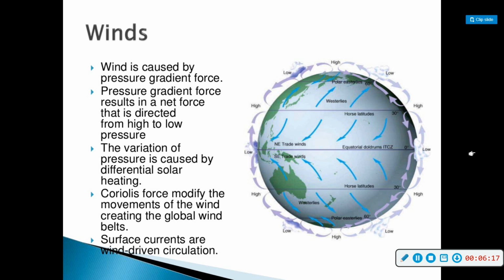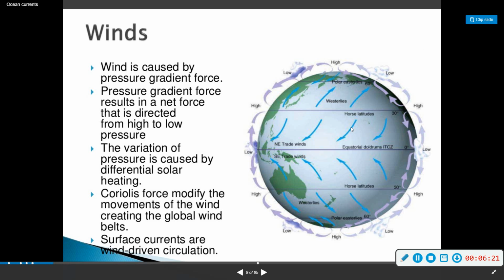Surface currents are wind-driven circulation. So these are your wind belts right here, and they show which direction the wind's going to move in. Typically, you have your northeast trade winds, your southeast trade winds, your westerlies, and your polar easterlies.